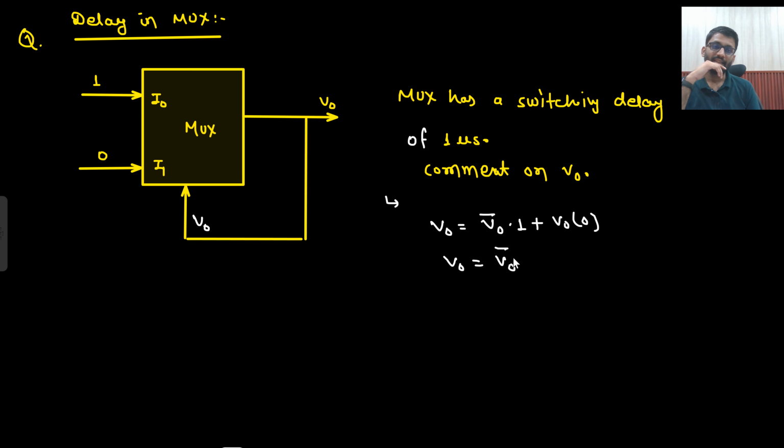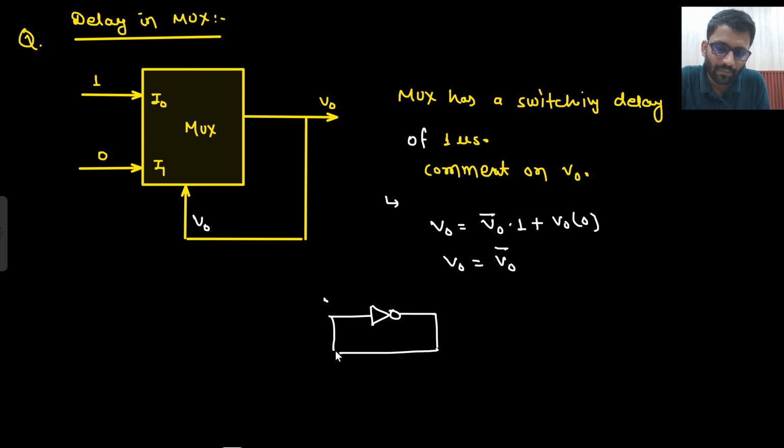Do you see anything here? Remember chapter 1? Output is connected back to the input. This is your V naught. I should not extend it, there is no meaning of that.